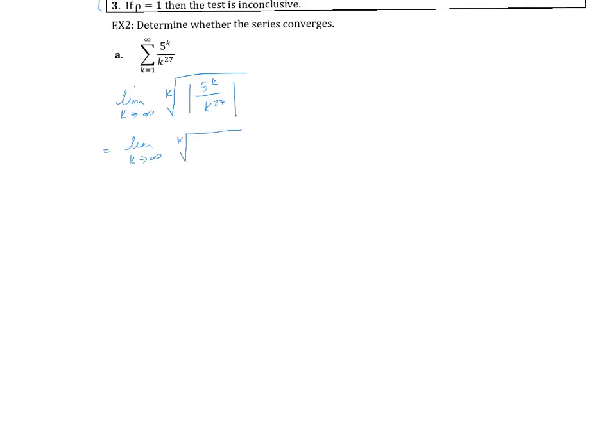And I have the kth root of 5 to the k over k to the 27. So notice in the numerator, the 5 to the k and the kth root, they're going to cancel, but not in the denominator. So this becomes 5 in the numerator because the k exponent and the kth root cancel.